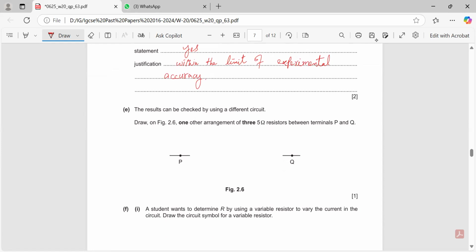Draw on figure 2.6 one other arrangement of three 5 ohm resistors between terminals P and Q. So what can be the other arrangement between P and Q?